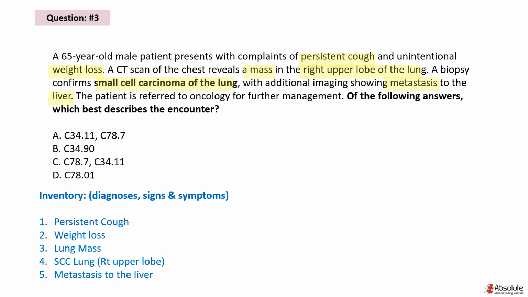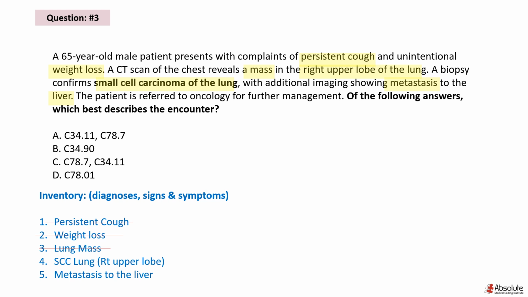We have persistent cough, weight loss, and lung mass. I'm going to eliminate them because they are distractions for me. And also, it's a guideline. You can't code for it. How many of you remembered that? Go ahead, type in the chat. Let me know.